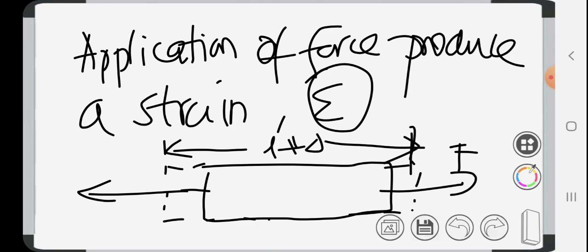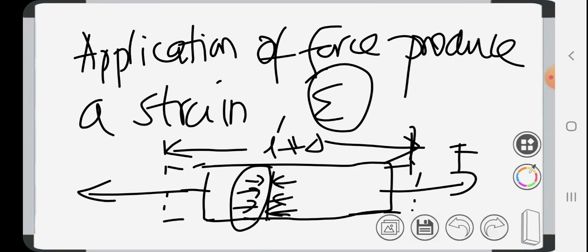An internal force gets generated, which opposes the action of the external force, which tries to pull back the material, to counter the effect of elongation. So this internal force divided by area gives the stress.